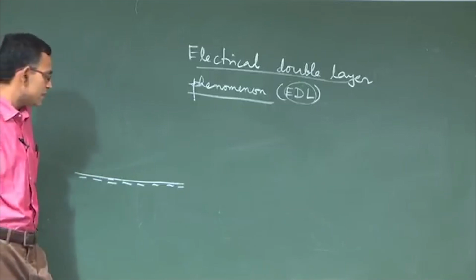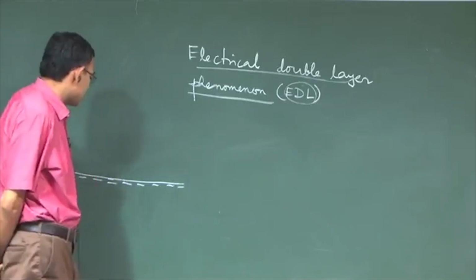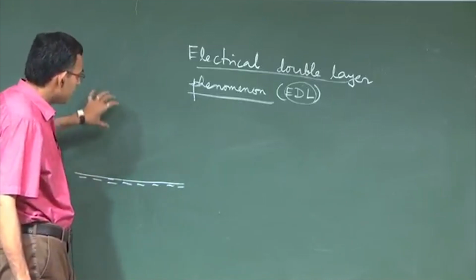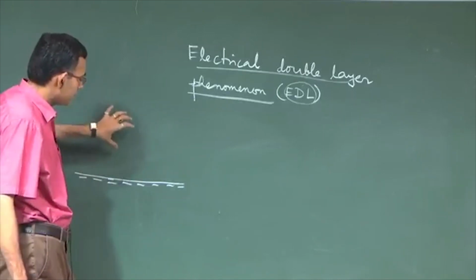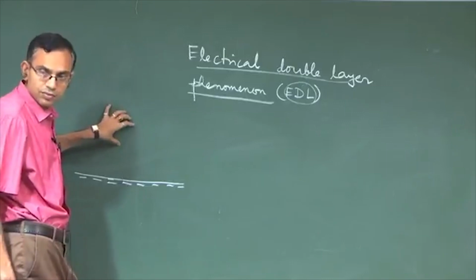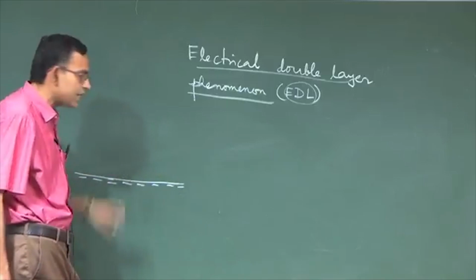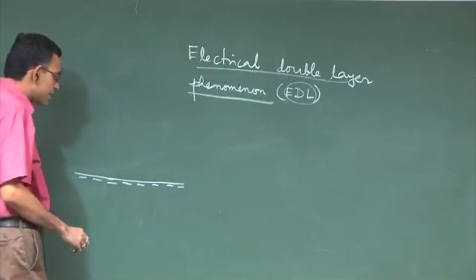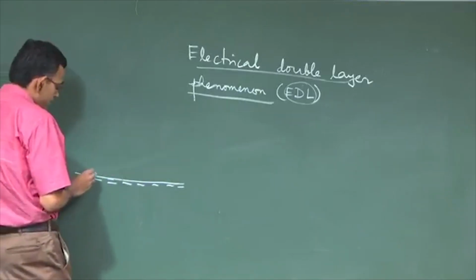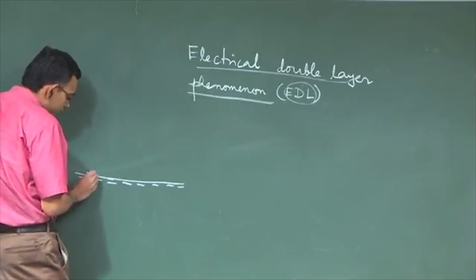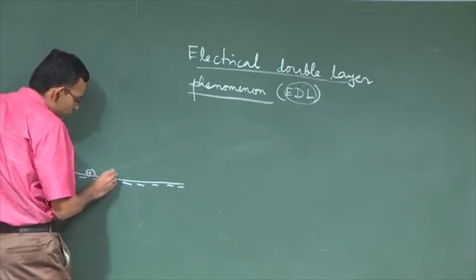When you have this charge at the surface, normal intuition is that the positive ions in the bulk will all have a tendency to fall on the surface, but that does not happen. Only some positive ions will fall on the surface, let us say maybe 1 or 2 as an example.